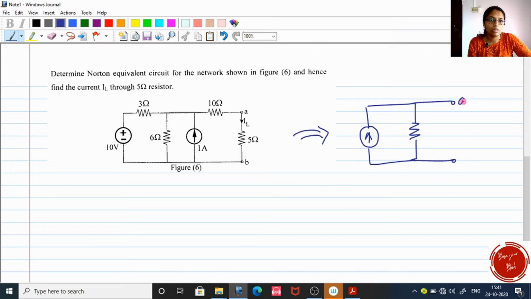And here is the load terminal AB. In the circuit, this load is a 5 ohm resistor. Okay. So the load resistor is ready, RL equal to 5 ohm.